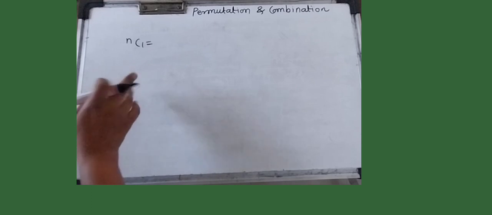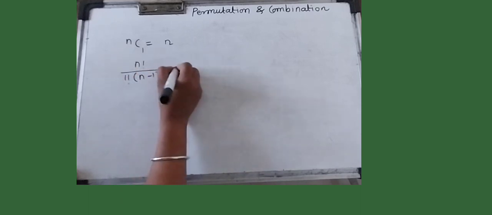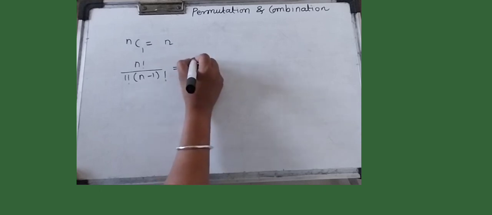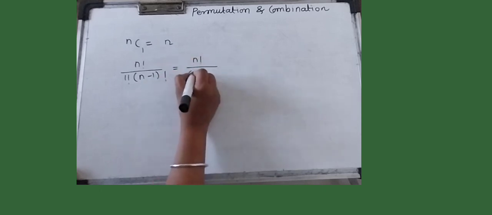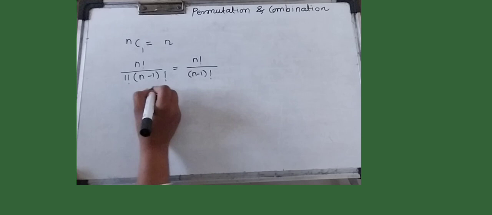But these are standards. So if I write nC1, nC1 is n. How is it? N factorial upon 1 factorial into n minus 1 bracket factorial, because 1 factorial is 1.